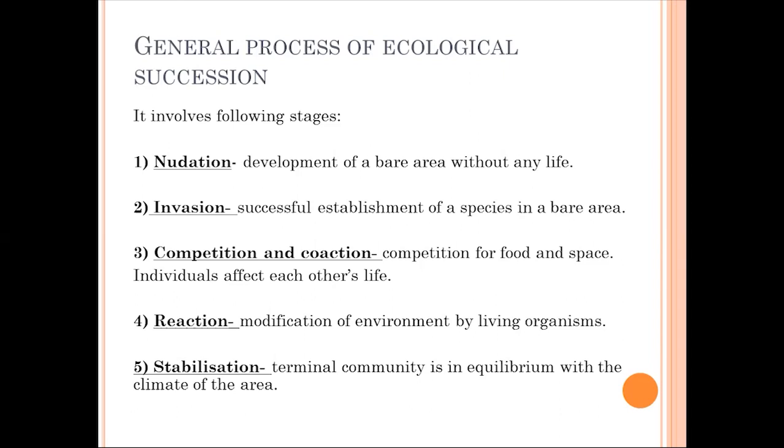So that is known as invasion. And they will grow into plants. As they grow, since the area is limited, the plants will grow very close to each other. That is known as aggregation. And because of aggregation, there will be competition for space and also for food.